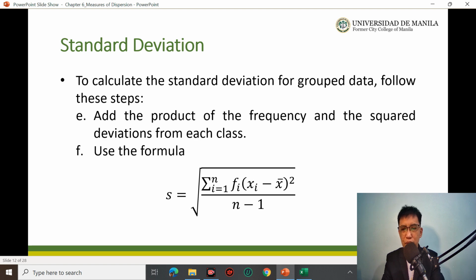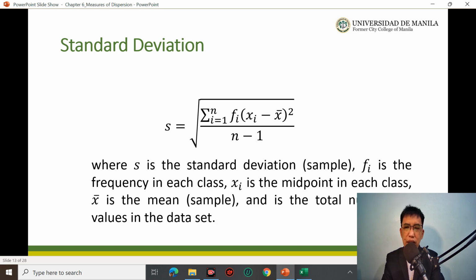You'll notice it's the same, but the difference is that we need to multiply by the frequency.